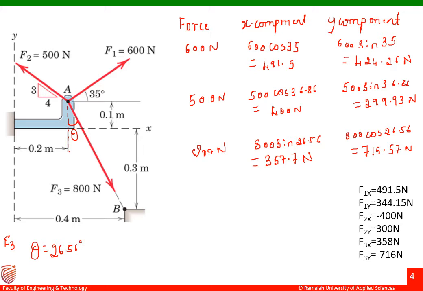If it is making an angle with respect to the horizontal axis, the formula is F cos theta and then F sin theta. If it is making an angle with respect to the vertical axis, the formula for x component and y component would be F sin theta and then F cos theta. Okay, this completes.